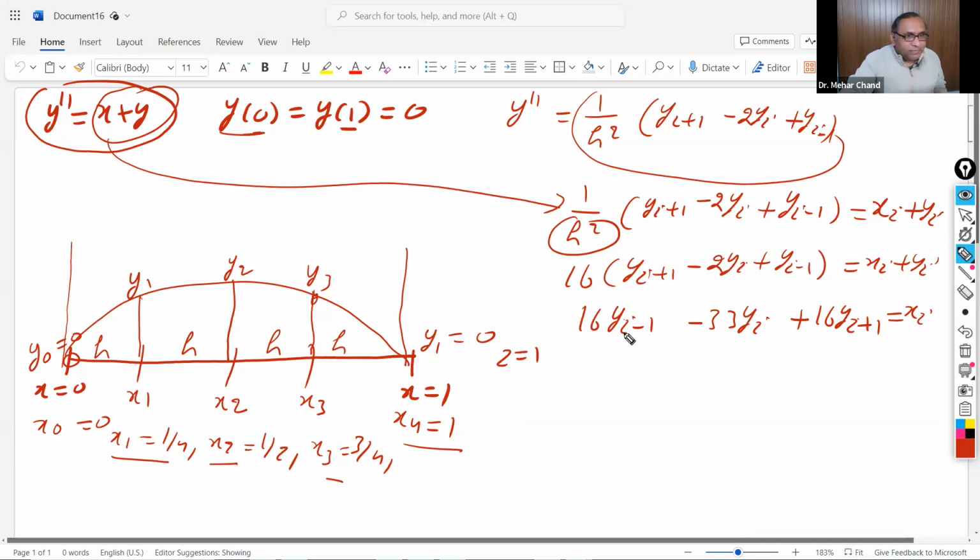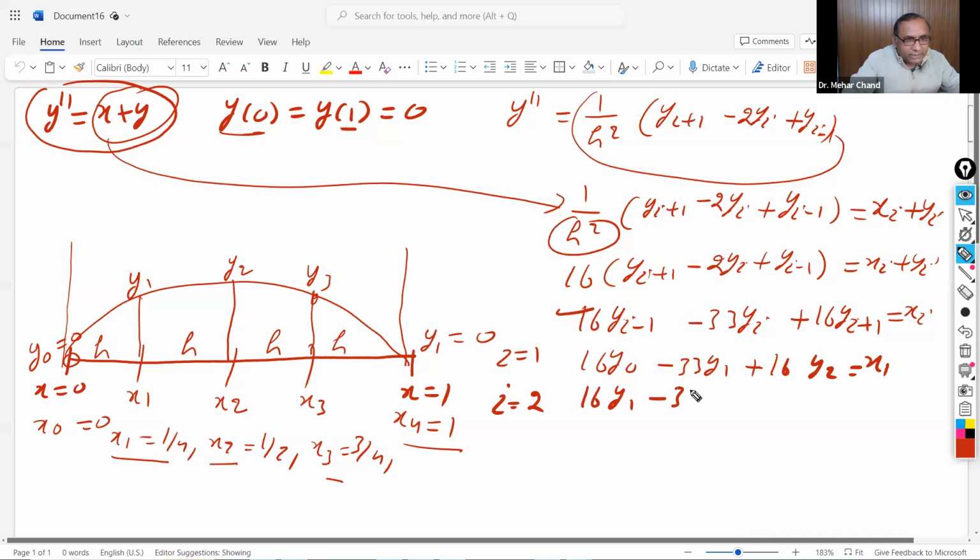Now you put i equal to 1. For i equal to 1, this equation will be 16 y0 minus 33 y1 plus 16 y2 is equal to x1. When you have i equal to 2, then from this equation we will have 16 y1 minus 33 y2 plus 16 y3 is equal to x2.